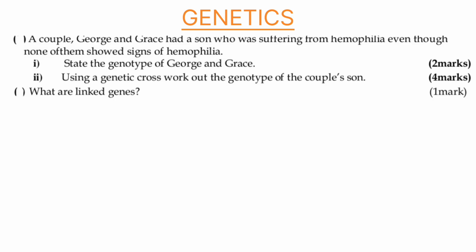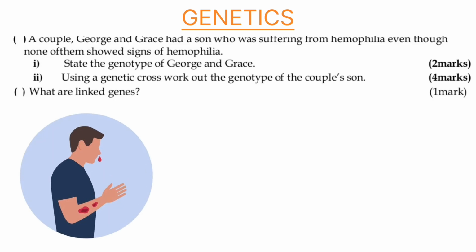Okay, before we do that, let us briefly just discuss what hemophilia is. Now, this is a genetic disorder that prevents blood from clotting properly. So, it can cause prolonged bleeding after injuries or cuts, because either the blood does not clot or it takes too long to clot.